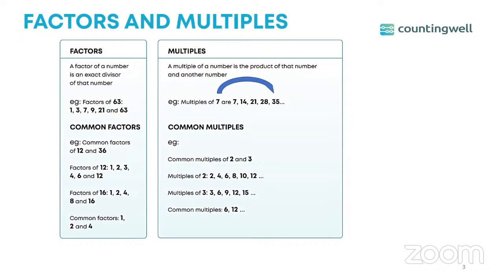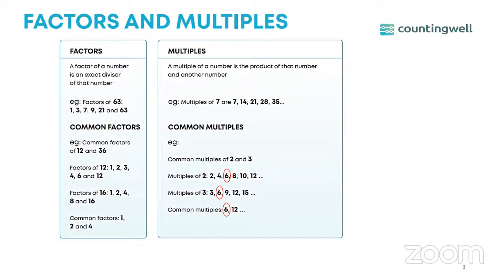Now let us see how to find the common multiples of two numbers. Common multiples of 2 and 3. We have multiples of 2 as 2, 4, 6, 8, 10, 12 and so on. Multiples of 3 are 3, 6, 9, 12, 15 and so on. Now let us see the common multiples.